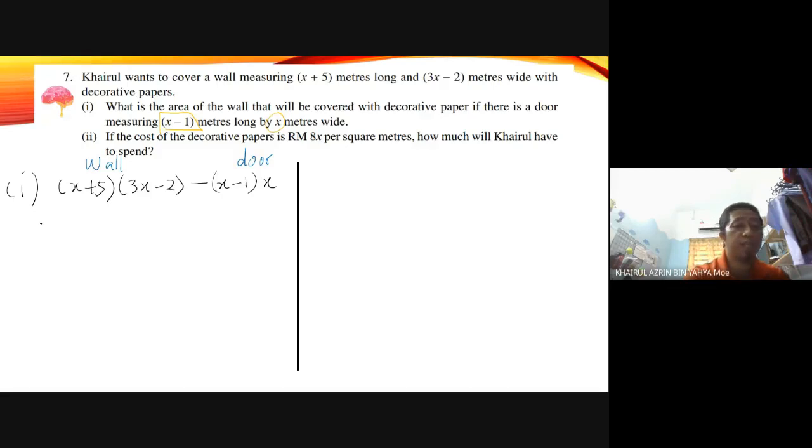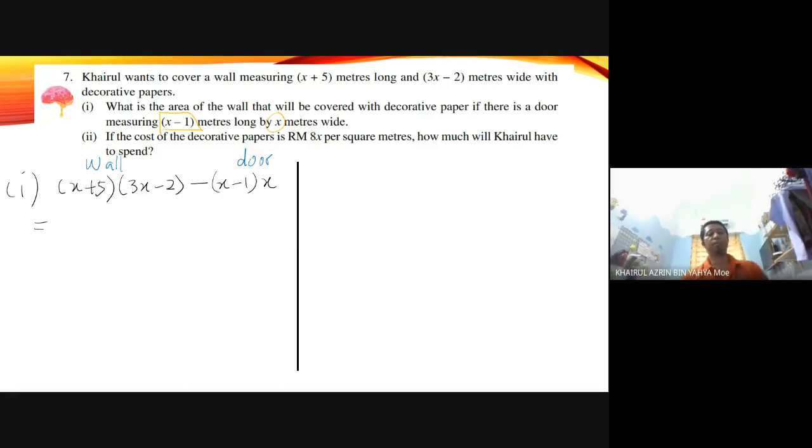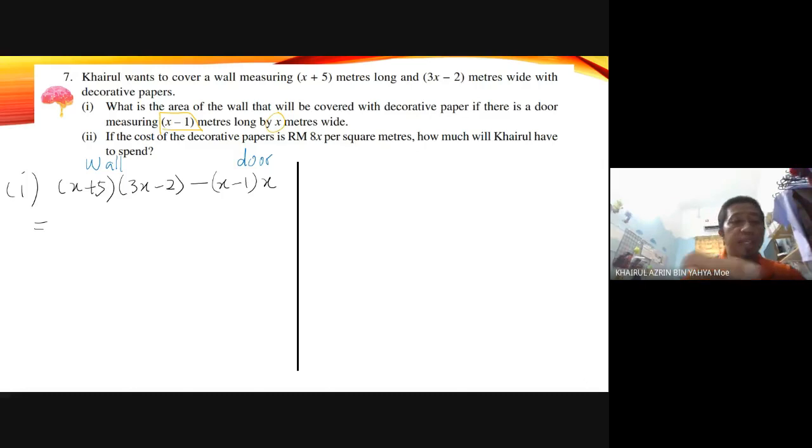Now we need to expand. x plus 5 times 3x minus 2, we expand. x times 3x is 3x squared. x times negative 2 is negative 2x. And then 5 times 3x is 15x. 5 times negative 2 is negative 10. We put a bracket first, minus this one, x times x, x squared, minus x.